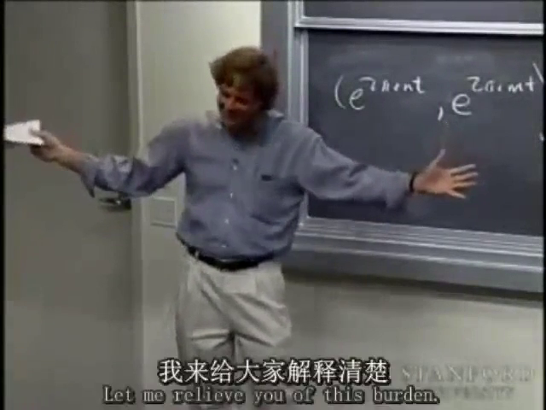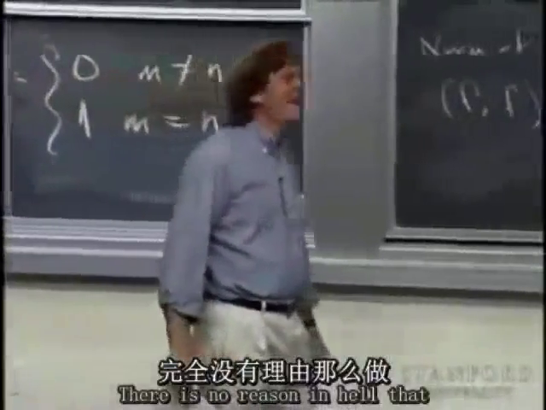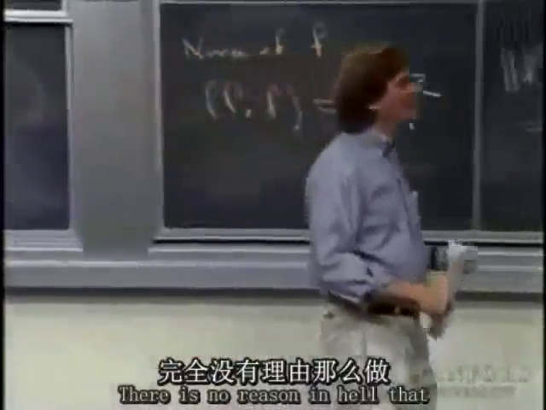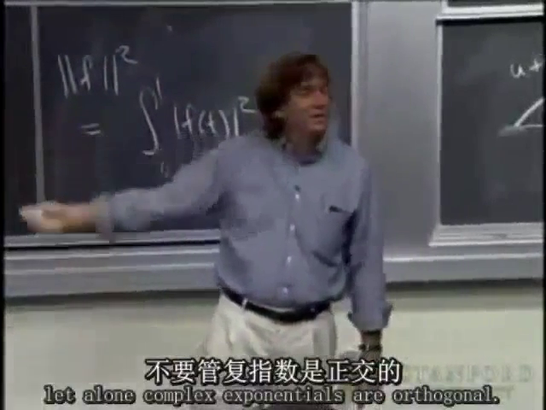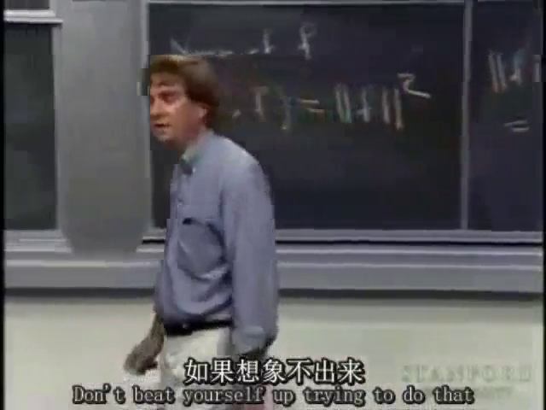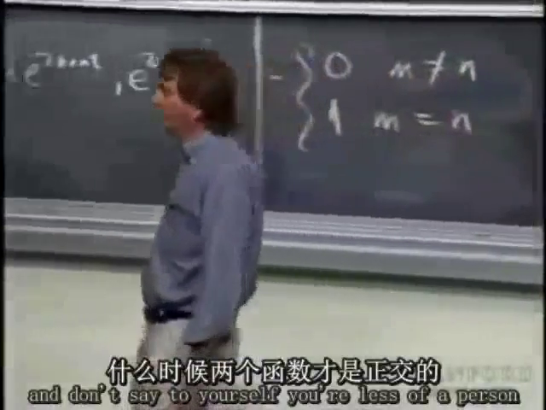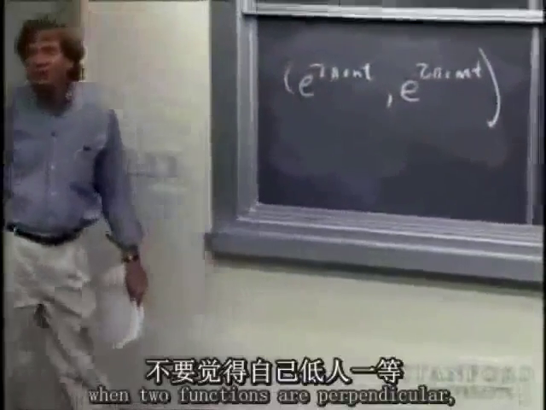No, you don't. Let me relieve you of this burden. There is no reason in hell that you should be able to visualize when two functions, let alone complex exponentials, are orthogonal. Don't beat yourself up trying to do that. And don't say to yourself, you're less of a person if you cannot visualize when two functions are perpendicular.